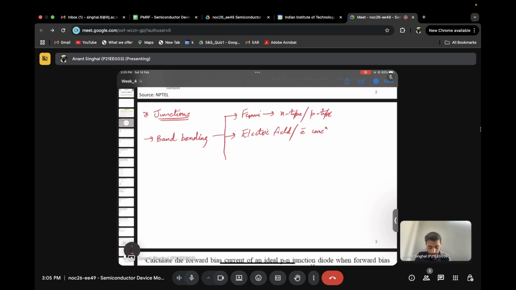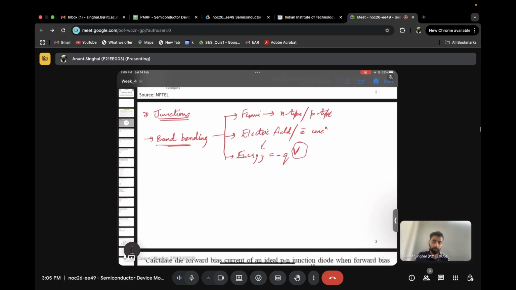What we are plotting in the band diagram is the energy, so we can easily calculate the energy difference between the levels, let's say Ec, the intrinsic level, or the Fermi level. This is all that we studied in the previous class. Now we know that the energy band diagram is nothing but the charge multiplied by the potential, so even if we have the energy band diagram, the negative of that is nothing but the potential.